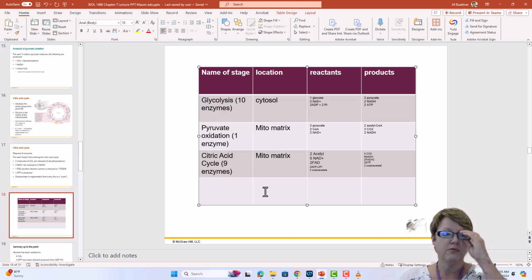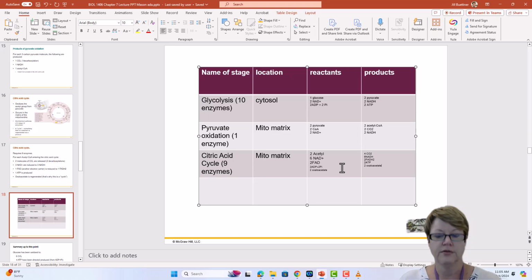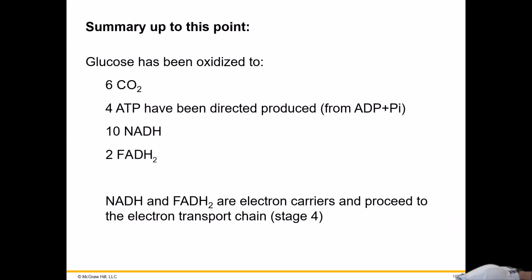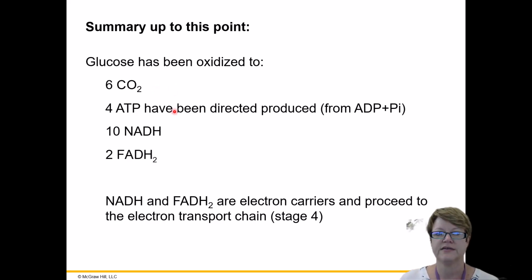All right. So what we have here is, if we look at our products and we kind of group things together, our products up to this point, if we look on that chart, we have made a total of 6 CO2s because we made 2 in pyruvate oxidation and we made 4 in the citric acid cycle.